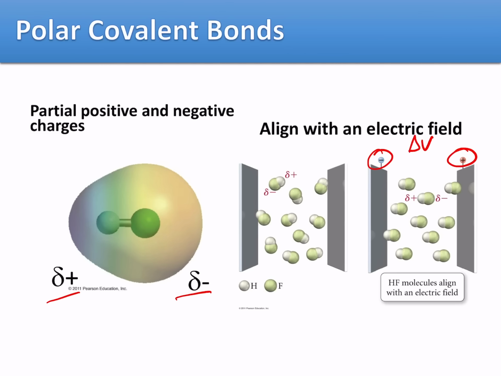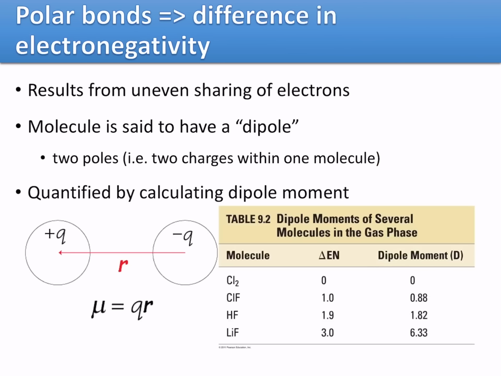So the positive side is pointing towards the negative plate, and the negative side of that dipole will be pointing towards the positive side of that plate. Okay, that's basically what the observed behavior for this type of molecules is.